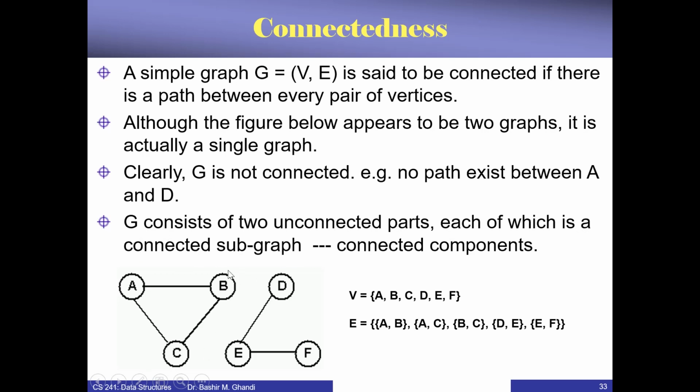So this is a subgraph and it is connected. Similarly, this is a subgraph and it is connected. However, the graph as a total is not connected. This is basically the idea.